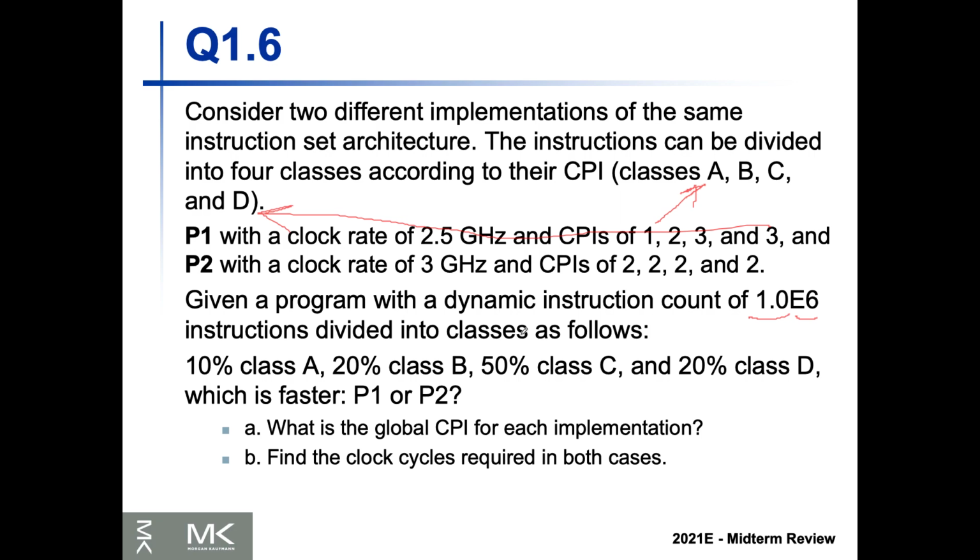What is the global CPI for each implementation? And B, find the clock cycles required in both cases.